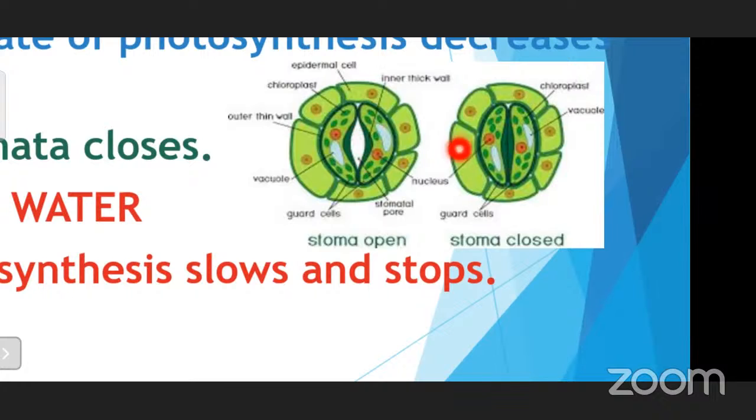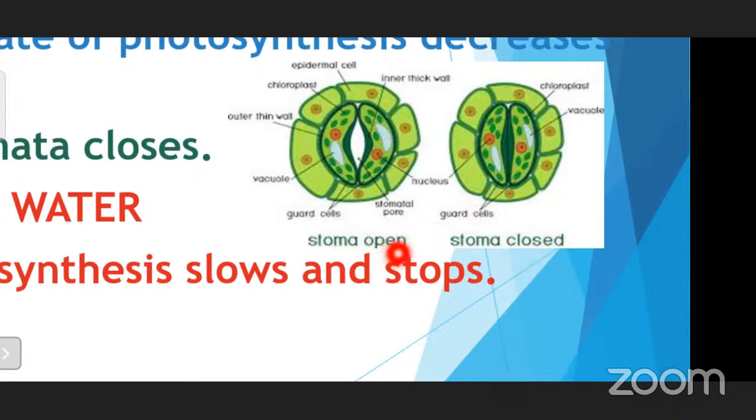But when water is lost from the guard cells and moves to the subsidiary cells, at higher temperature they come closer like this and close the pore. The stomatal pore gets closed. That means it is a stoma closed.